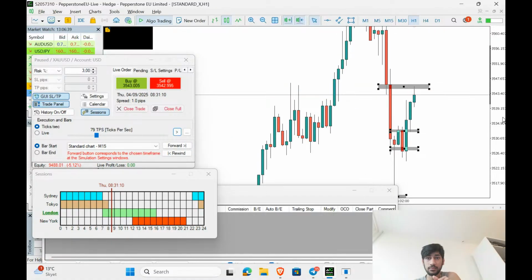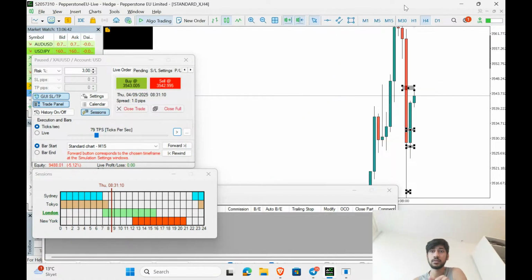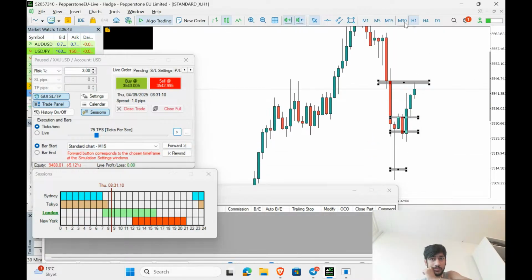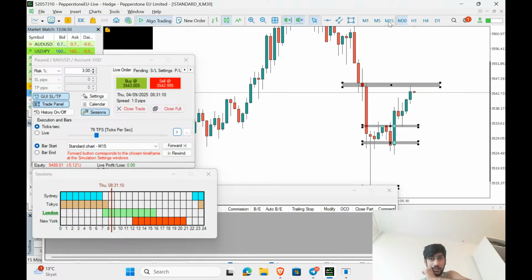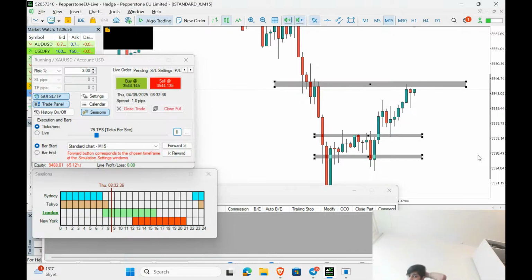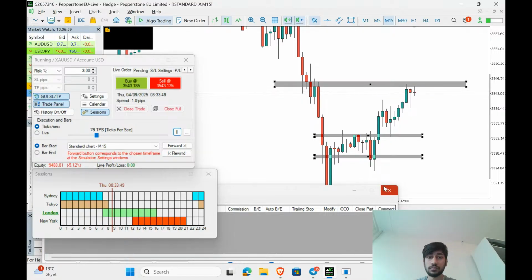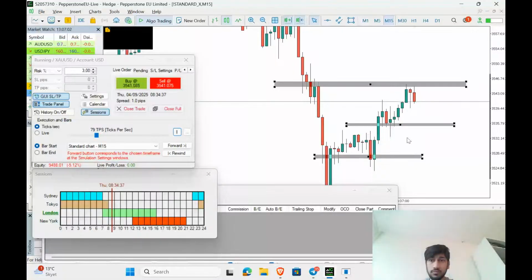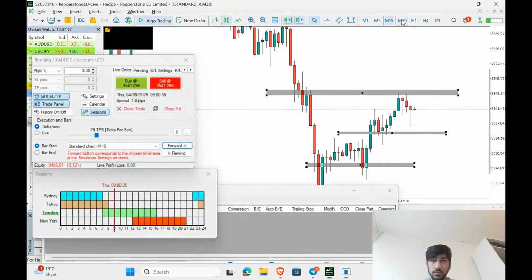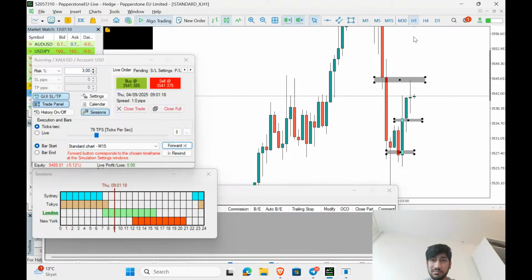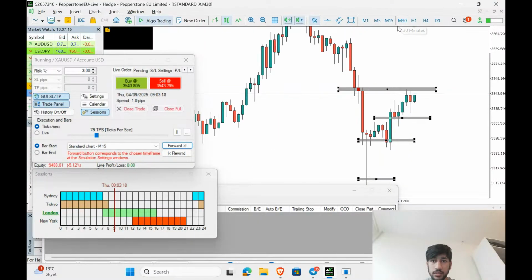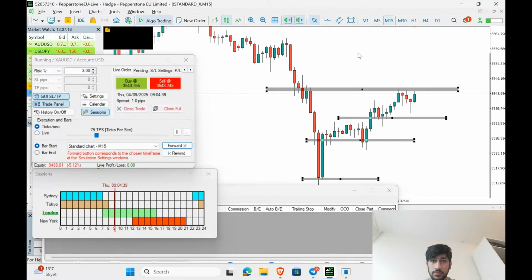So what is my bias now here? H4 we formed bullish, proper bullish. H1 we are moving up. M30 we are moving up. M15 it's just ranging right now. We found bearish, but H4 from bullish, H1 just like this, M30 from bearish, M15.